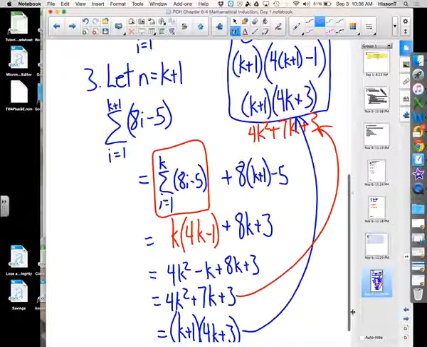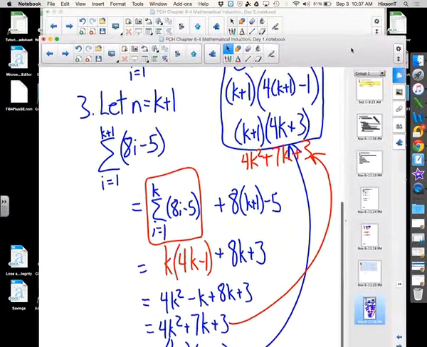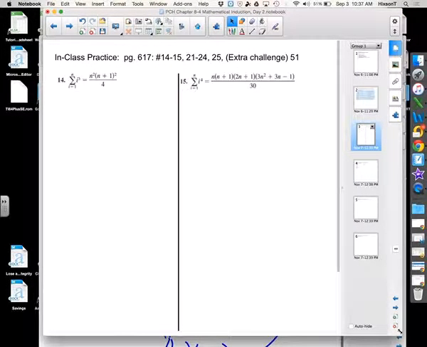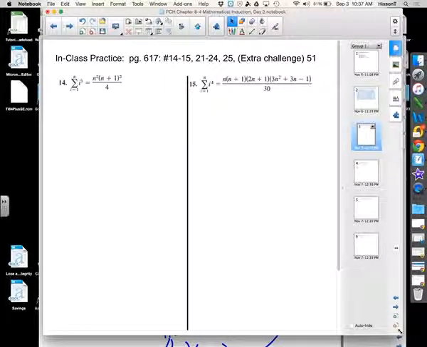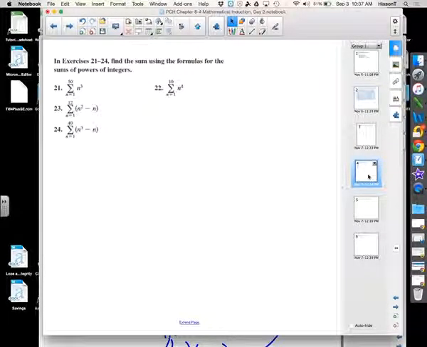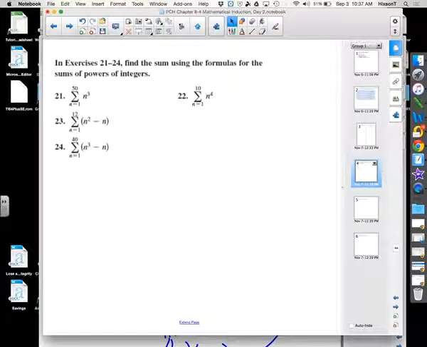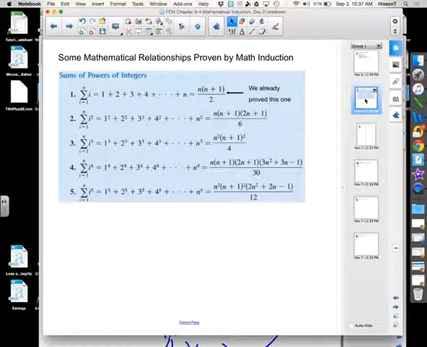Okay, so here's what I want to do with the remainder of our time. I want to explain a little bit about what we're doing today. Particularly 21 to 24 are actually not proofs. Okay? These, you're using some of the formulas that we're proving.